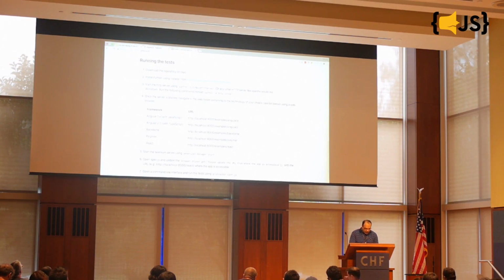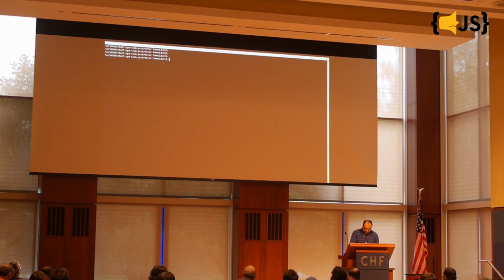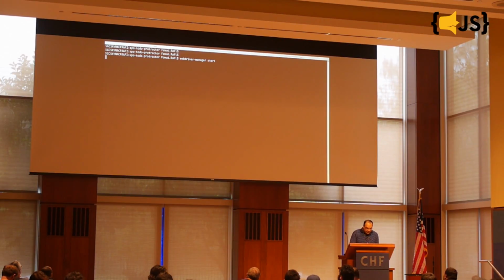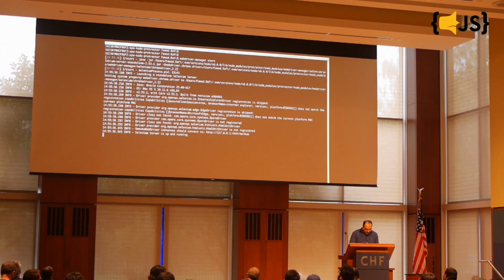So I already have this installed on my machine, and to give you an example, I'm going to switch over. First I will launch Selenium, and this is now running on port 4444 on my machine.